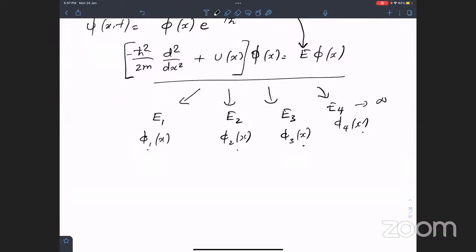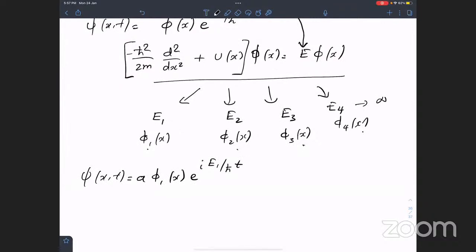Using that idea, I can write the full solution as a1 phi1(x) e to the power minus i E1 by h bar t, plus a2 phi2(x) e to the power minus i E2 by h bar t, plus a3 times whatever, and so on.